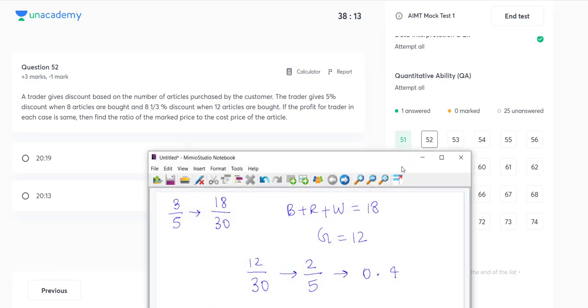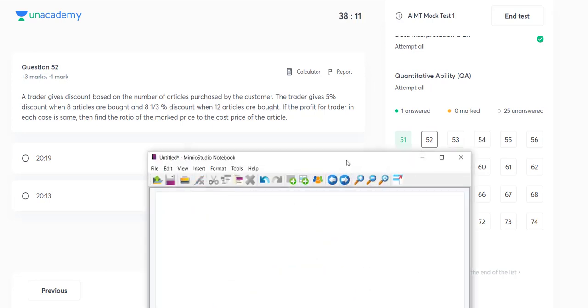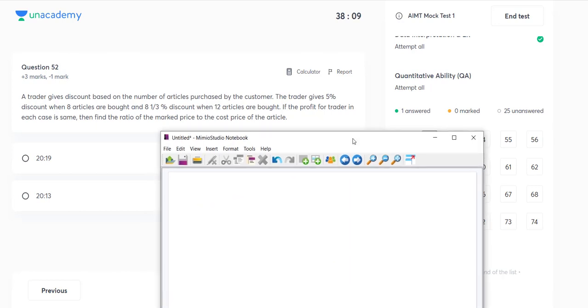Okay, so first of all let's understand this question. A trader gives a discount based on number of articles. 5% discount when 8 articles are bought. So let's say the CP of each article is x rupees.